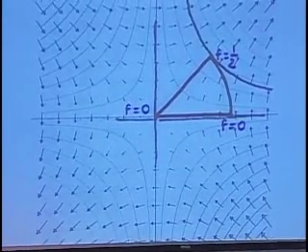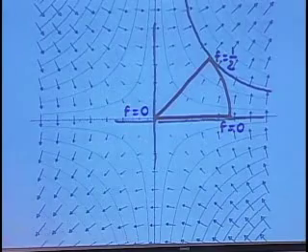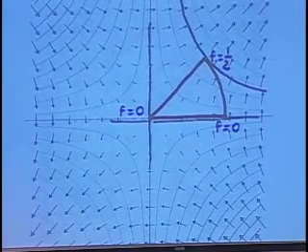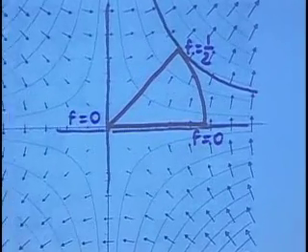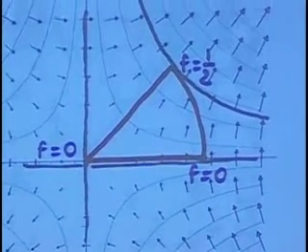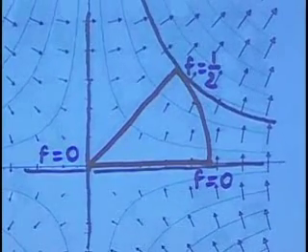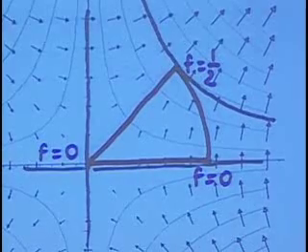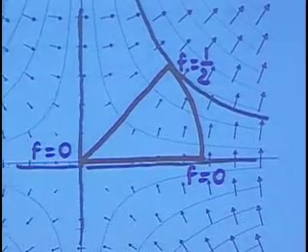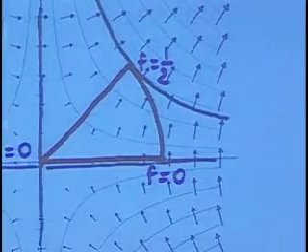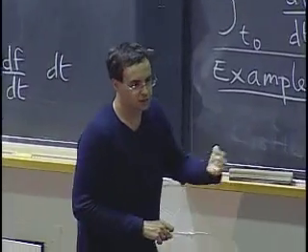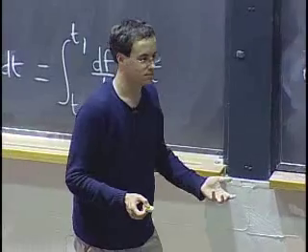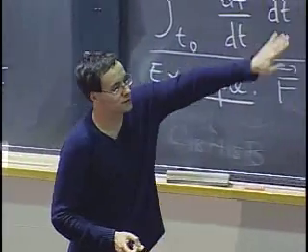And so now, the origin is on the level curve f equals 0. And when we start going along C1, we stay on f equals 0. So there's no work. The potential doesn't change. Then on C2, the potential increases from 0 to 1/2. The work is 1/2. And then on C3, we go back down from 1/2 to 0. The work is negative 1/2. See, that was much easier than computing.